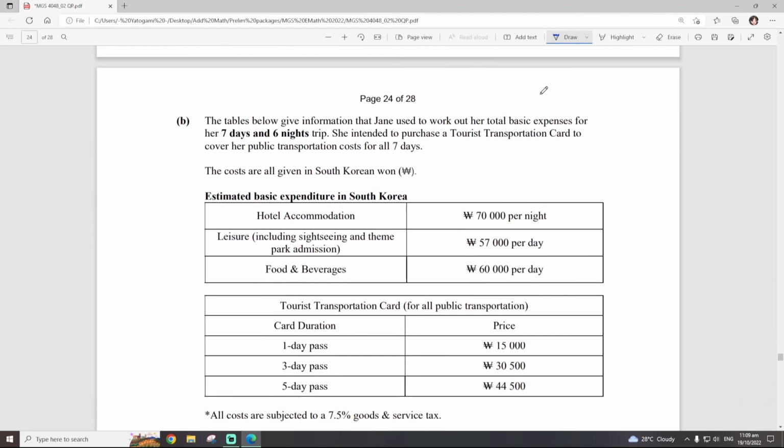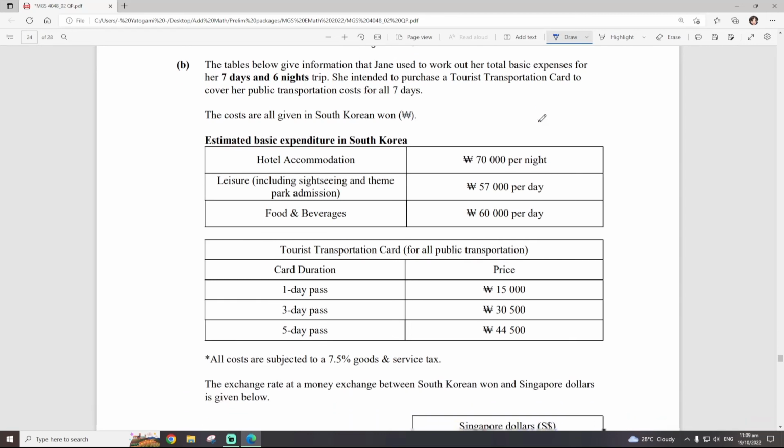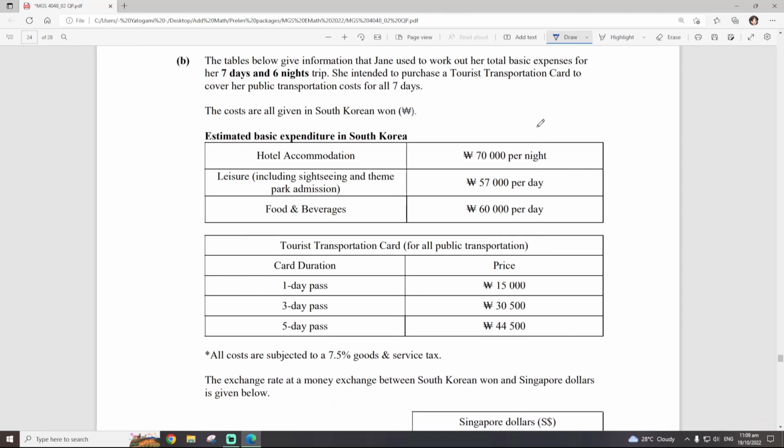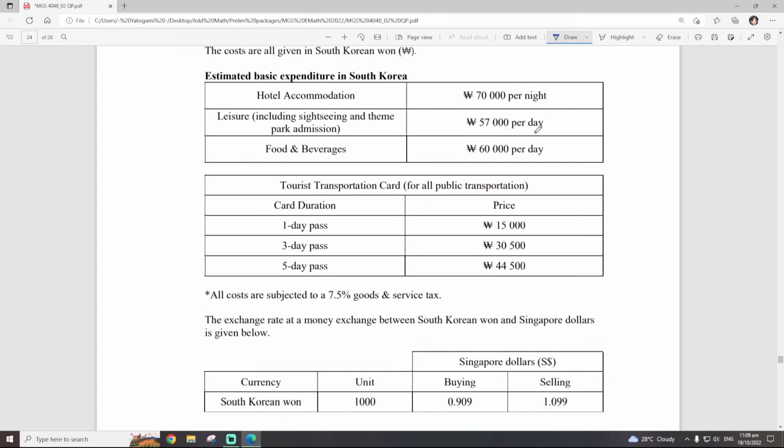So this is the information Jane used to work out total basic expenses, 7 days, 6 nights. Tourist transportation card to cover public transportation costs. So how do we get the best deal for 7 days?